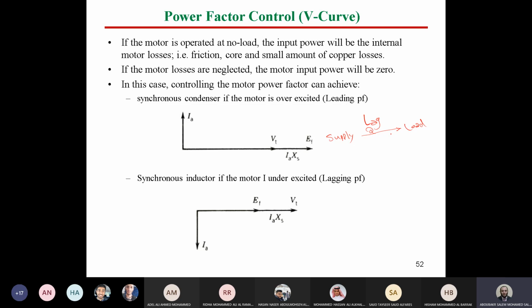So this is the meaning of lag. The meaning of lag is reactive power traveling from supply to load, and the opposite is for a lead. This is the meaning of lagging and leading power factor or reactive power. Okay? Yes. Good.